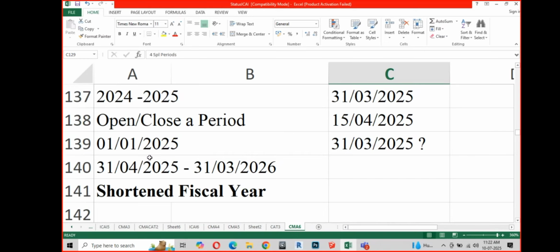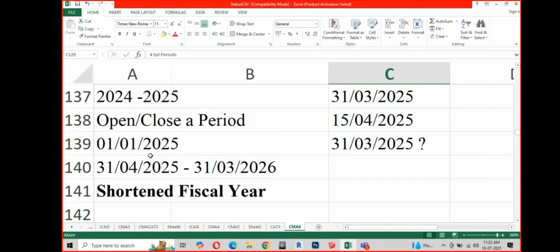And also, yesterday there was a wonderful scenario given by a student. Suppose the business starts in the middle of the financial year. Please mark my words, I am opening the business not exactly on the 1st of April every year. And I open my business only once in the business lifetime, correct? I don't open it every year.